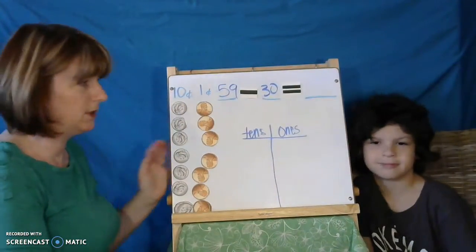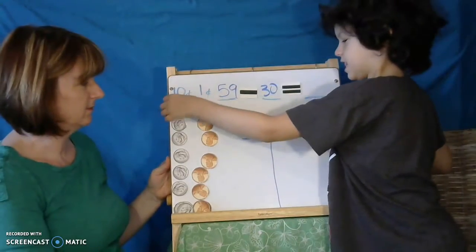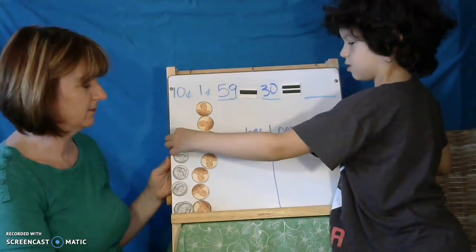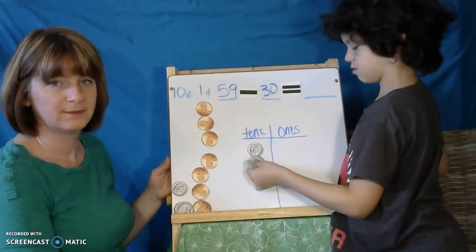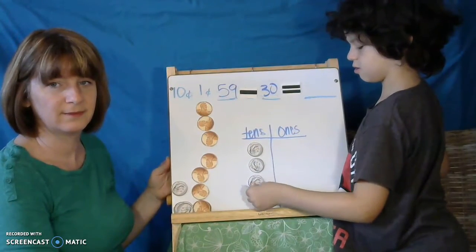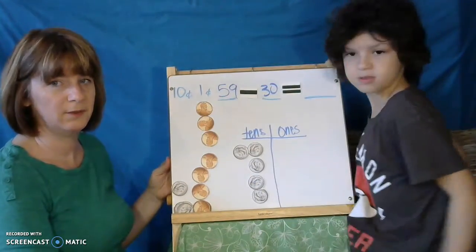Okay, so let's build 59. How many 10s make 59? 1, 2, 3, 4, 5. Okay, that's 50.